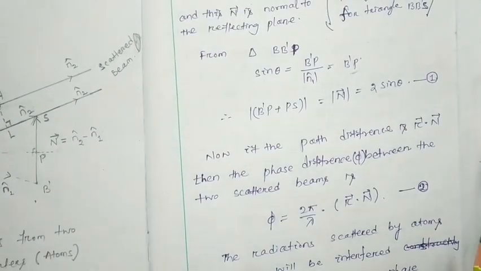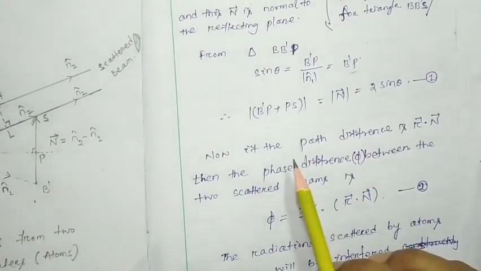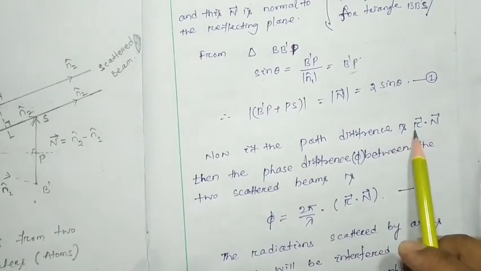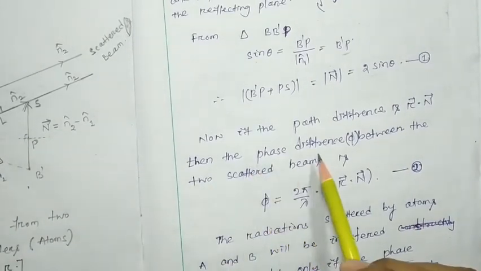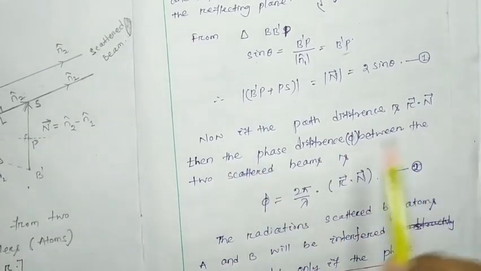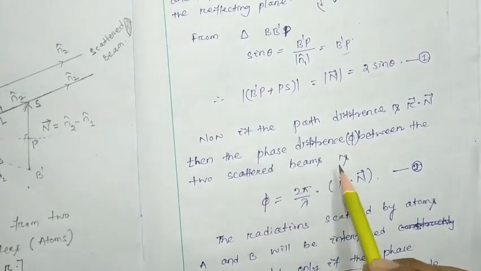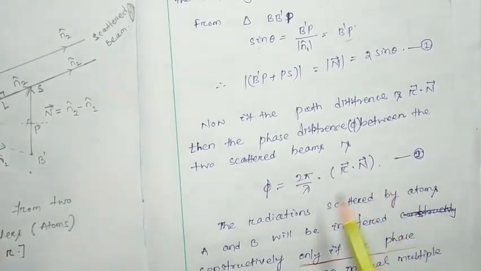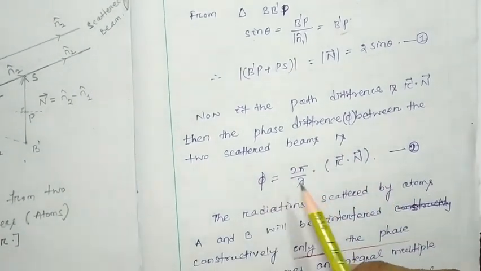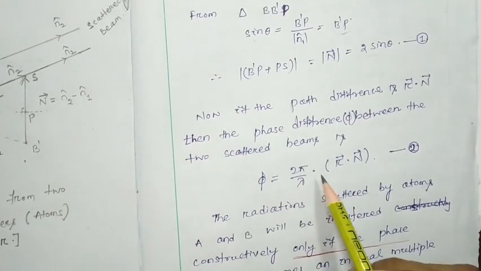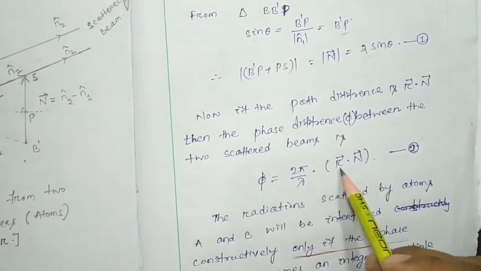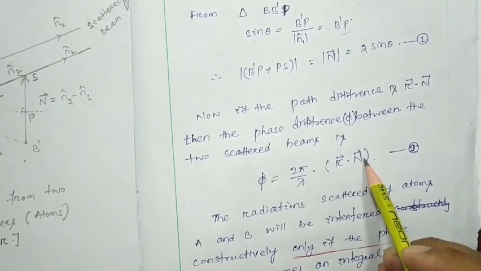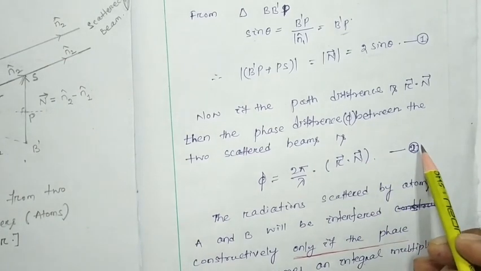Now if the path difference is r dot n, whatever we found here, then the corresponding phase difference phi between the two scattered beams will be phi equal to 2 pi by lambda into the path difference, that is r dot n. Let this be equation number 2.